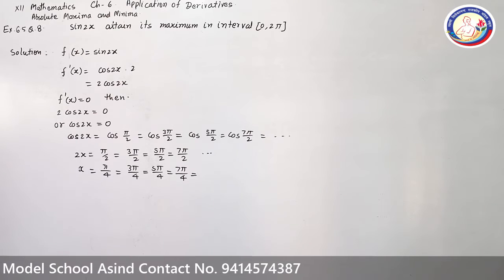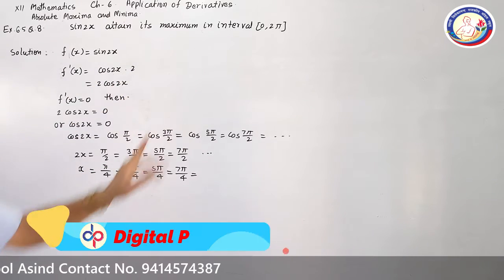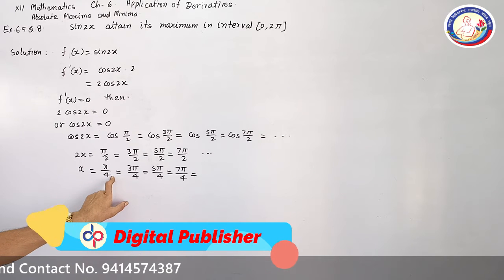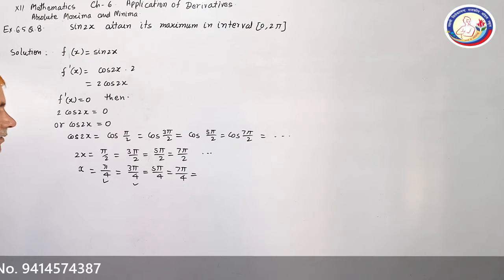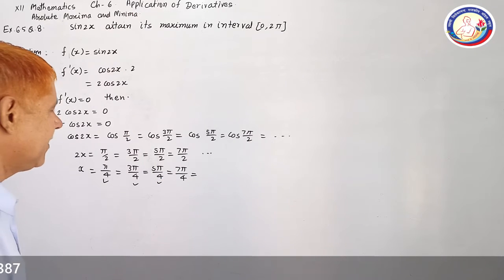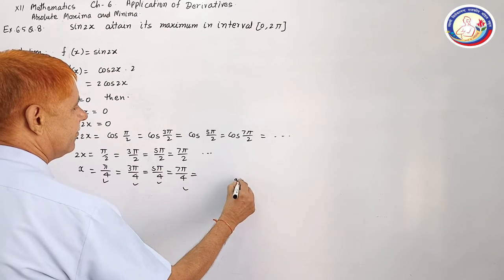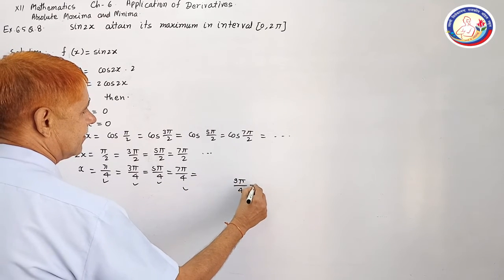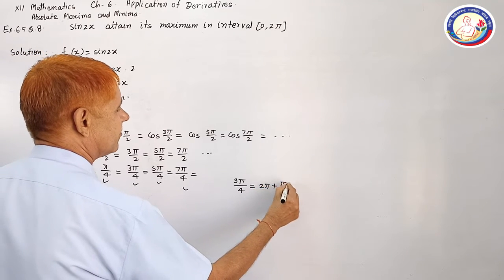Now which of these values is lying in this interval, 0 to 2 pi? Pi by 4 is in it. 3 pi by 4 is also in this interval, 5 pi by 4 is also in this interval, 7 pi by 4 is also in this interval. What about 9 pi by 4? This is 2 pi plus pi by 4.